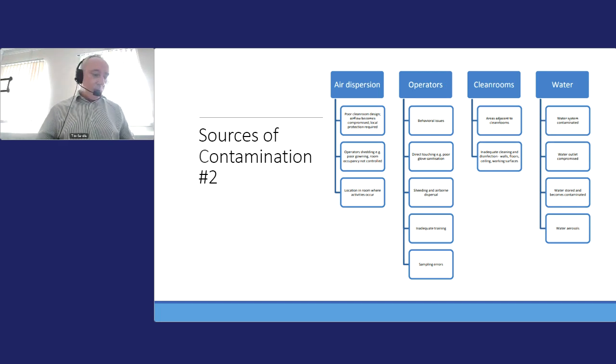So we'll have a look at that in a moment. And also with water, it gives us a dual problem sometimes because it's a vector, a way of spreading contamination, but it's also a growth source, a growth requirement for a range of microorganisms.